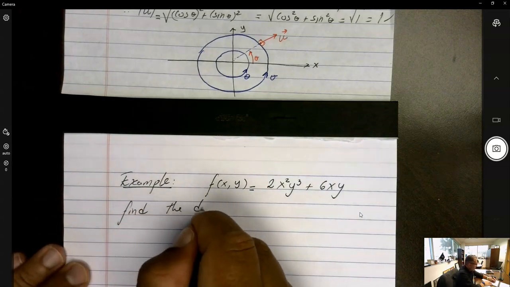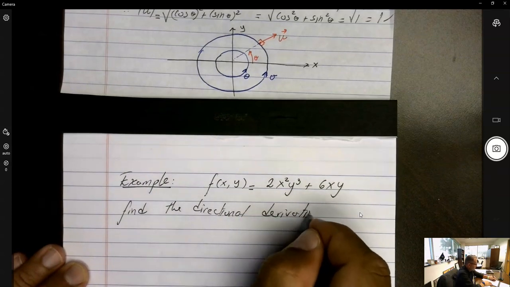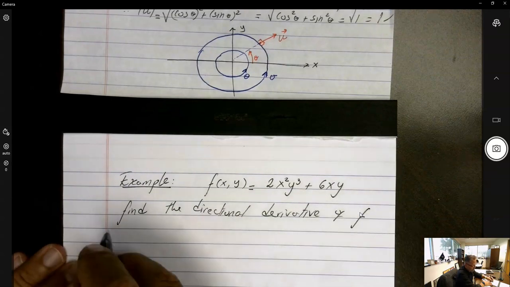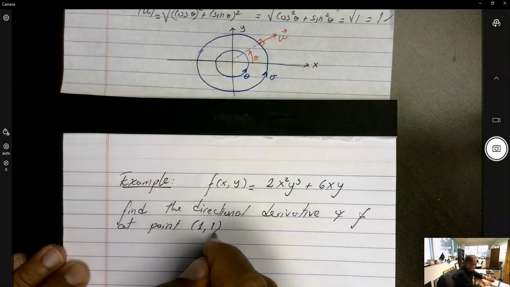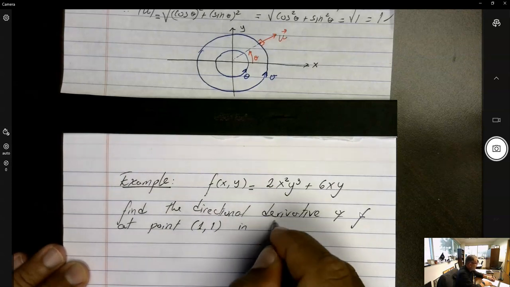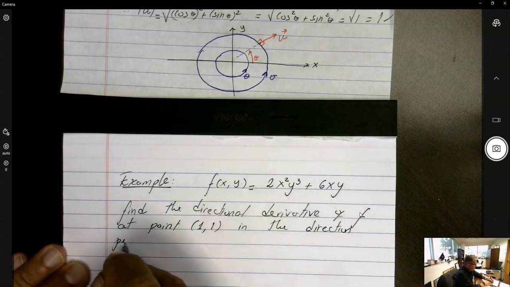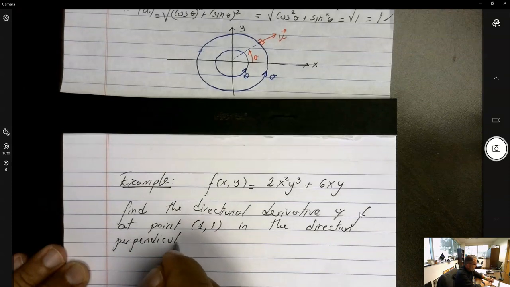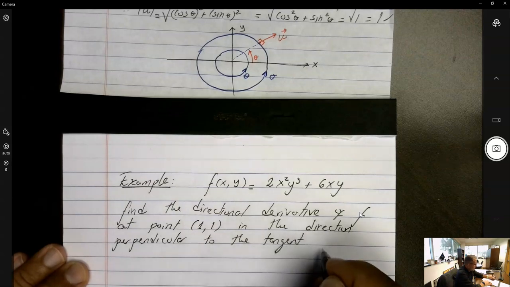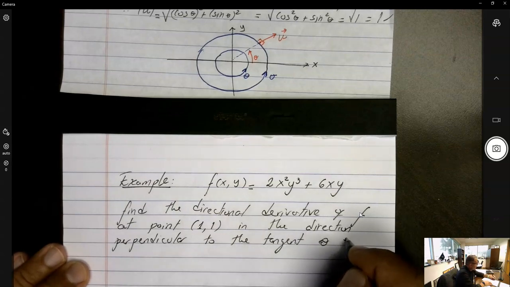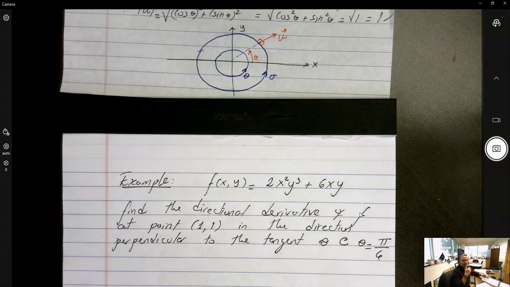Find the directional derivative of f at point 1, 1, that's x equal 1, y equal 1, in the direction perpendicular to the tangent theta at theta equals pi over 6, which is 30 degrees.